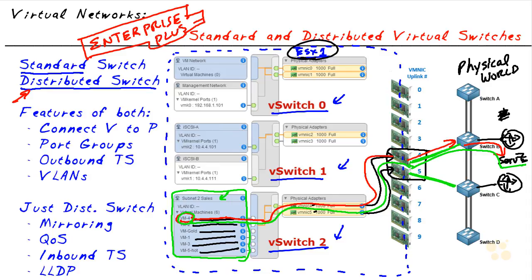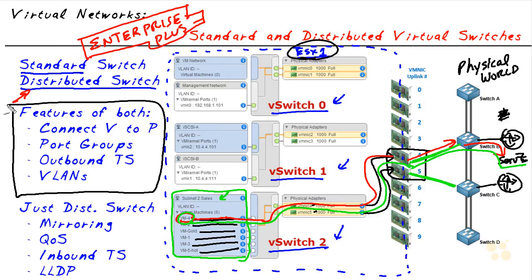There are some basic components that are available in both the standard and distributed switch, and I'd like to talk with you about those first, and then you and I can take a look at the features above and beyond the standard switch that also come as part of a distributed switch. So for the common elements that we're going to find in standard and distributed switches, both of these implementations allow us to connect V2P. Now, what does that mean, Keith?